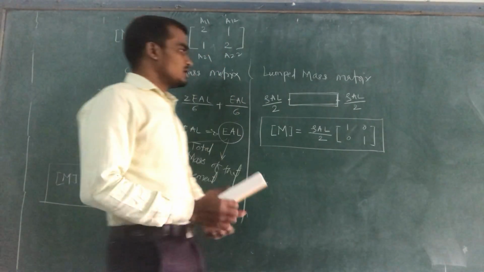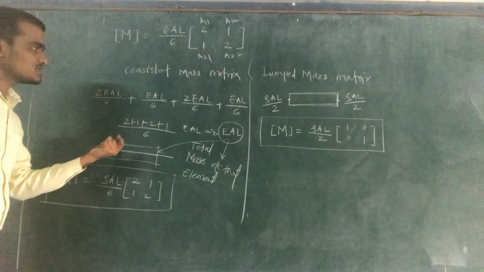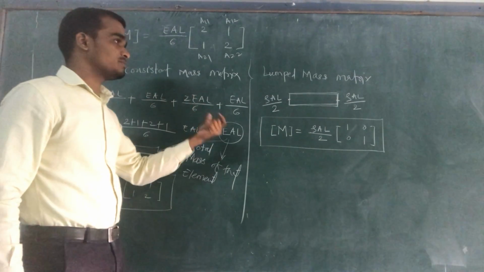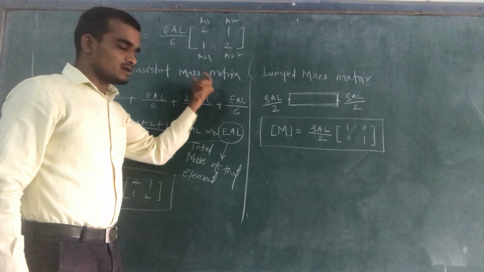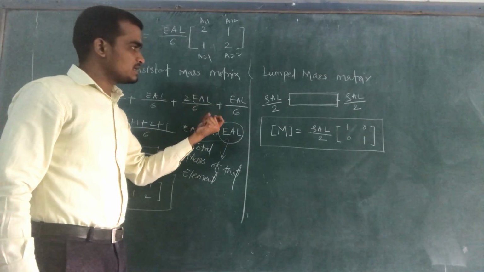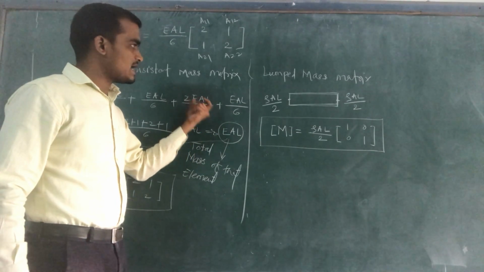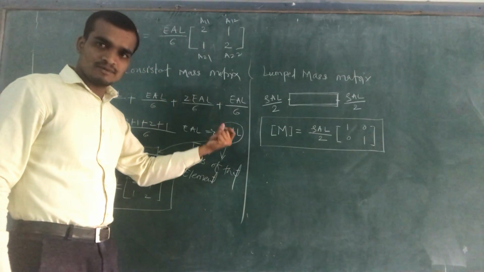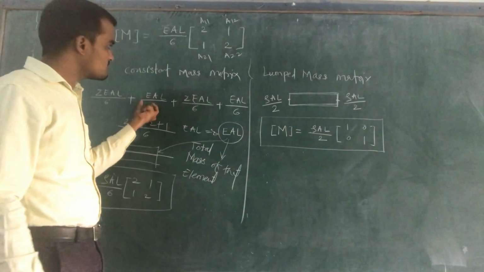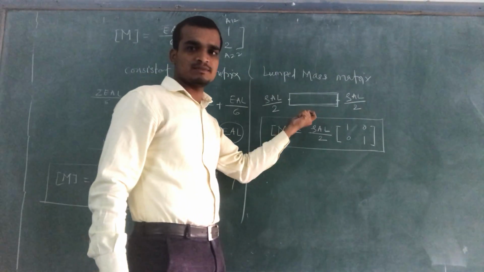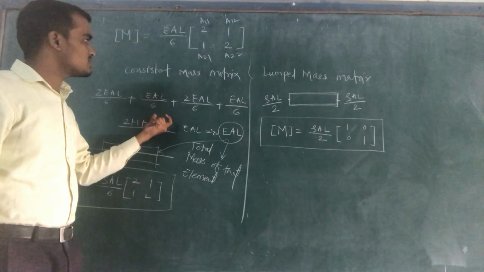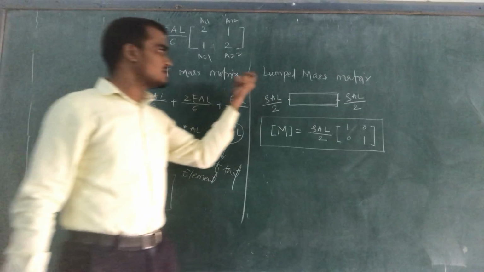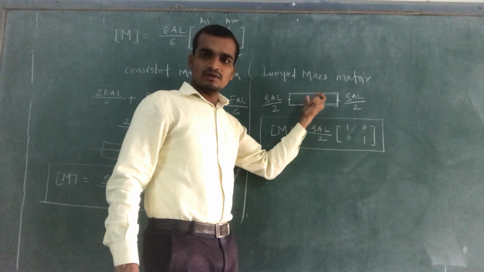Okay, this is about the consistent and lumped mass matrix systems, because in your exam, for a 16 marks problem, they will ask you to find the natural frequency by using the consistent mass matrix as well as by using the lumped mass matrix system. By using the consistent mass matrix, this will be for 8 marks, and by using the lumped mass matrix, this will be for another 8 marks.